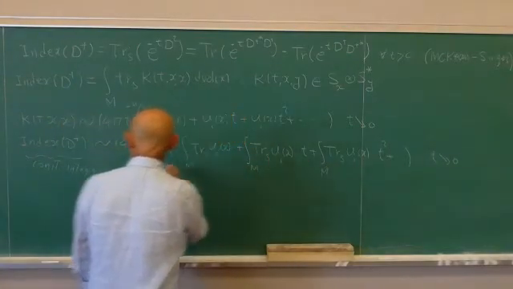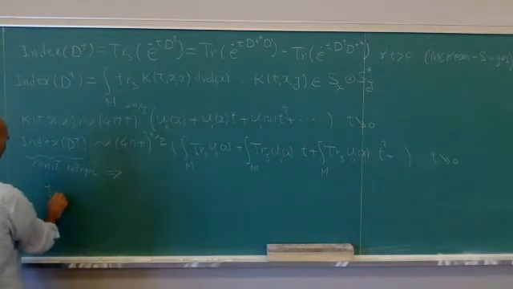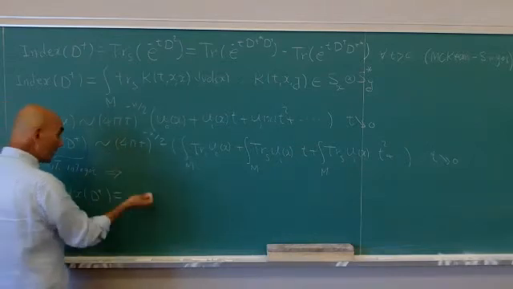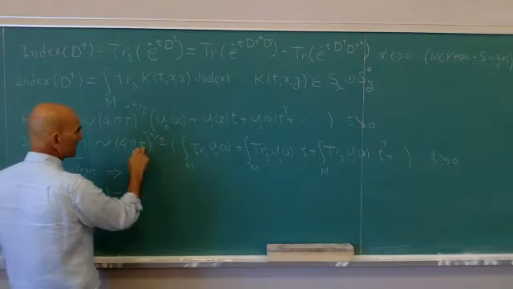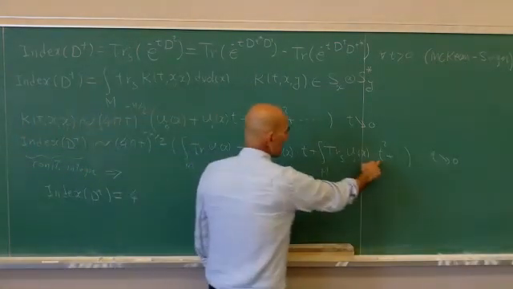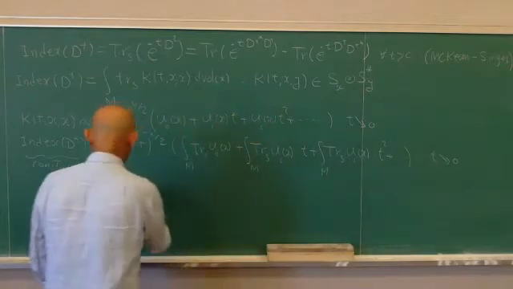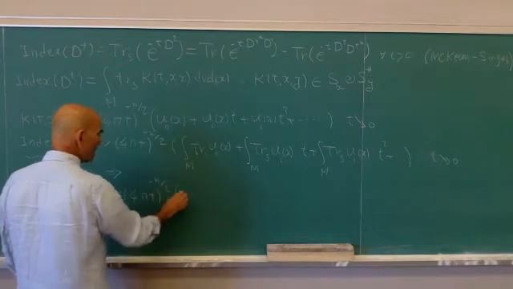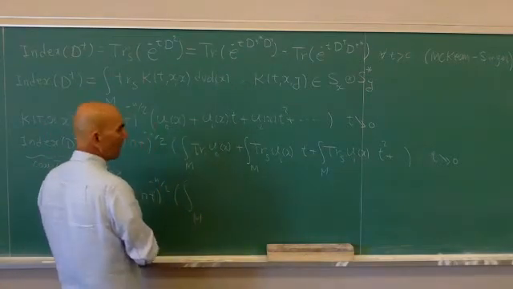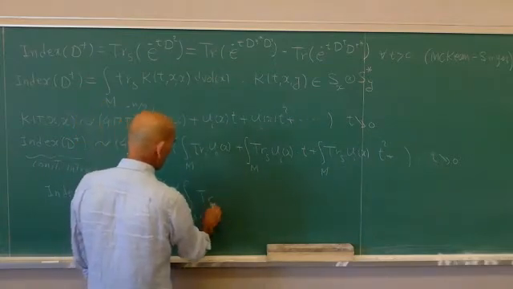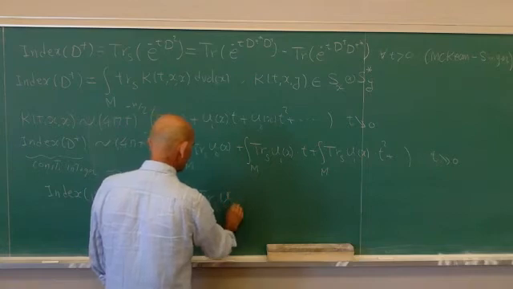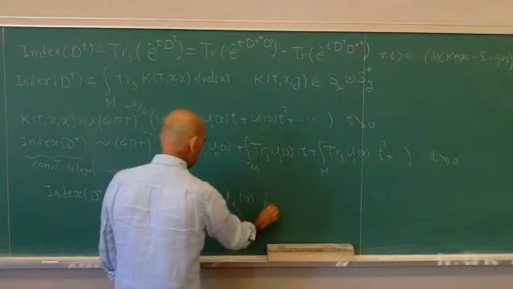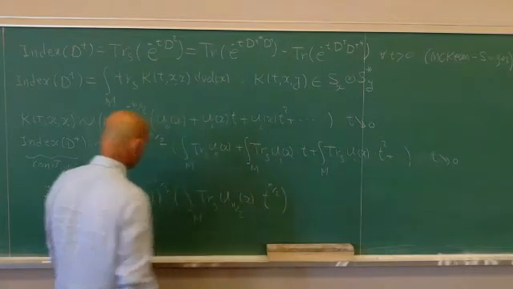Okay? So, constant integer implies that index of D plus is literally equal to (4 pi t) to the power minus n over 2 times one term only, the supertrace of u_{n/2} of x, times t to the n over 2.